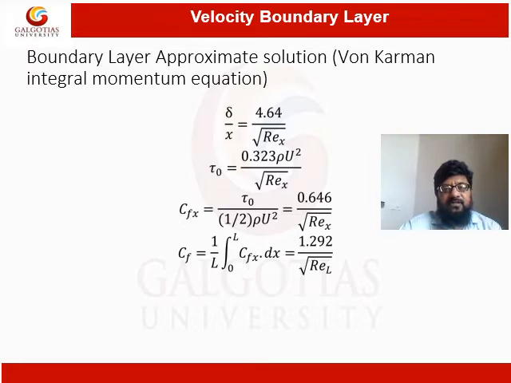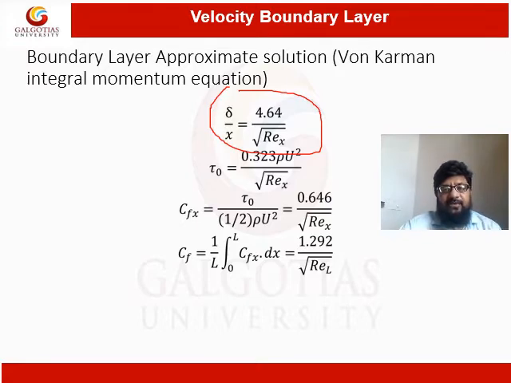the boundary layer thickness with respect to the local Reynolds number, which can be given by del by x equal to 4.64 over under root Reynolds x, where x is the downstream location.